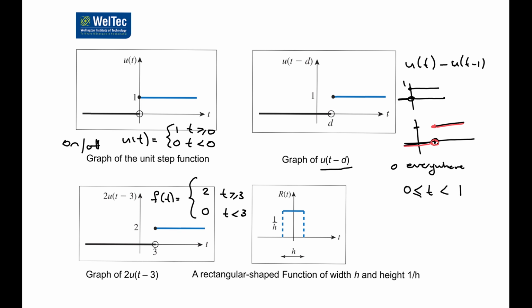So it's 0 everywhere except there, if you just think about that one. So we'd show that like that. So it's 0 everywhere else. It's 0 along here and 0 along here. But just between 0 and 1, it's going to be 1.